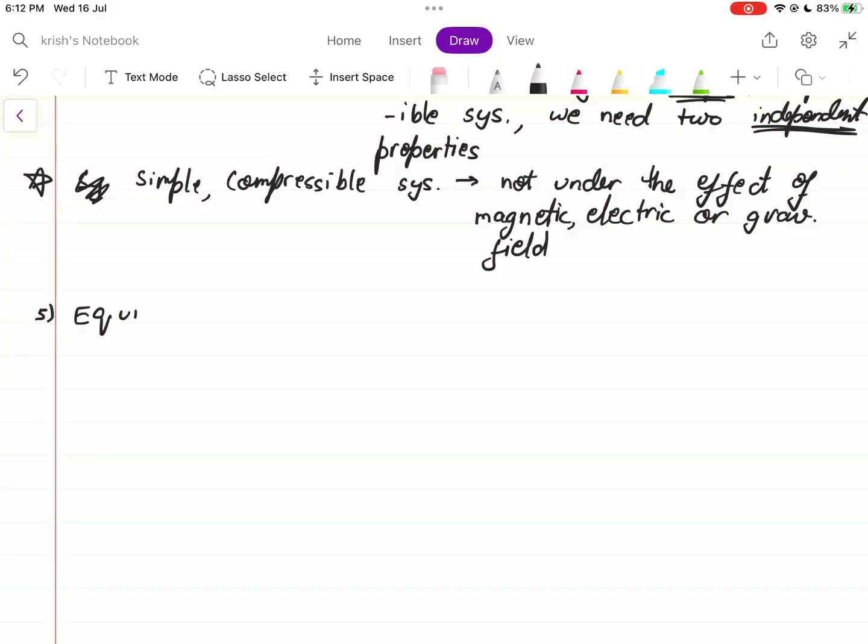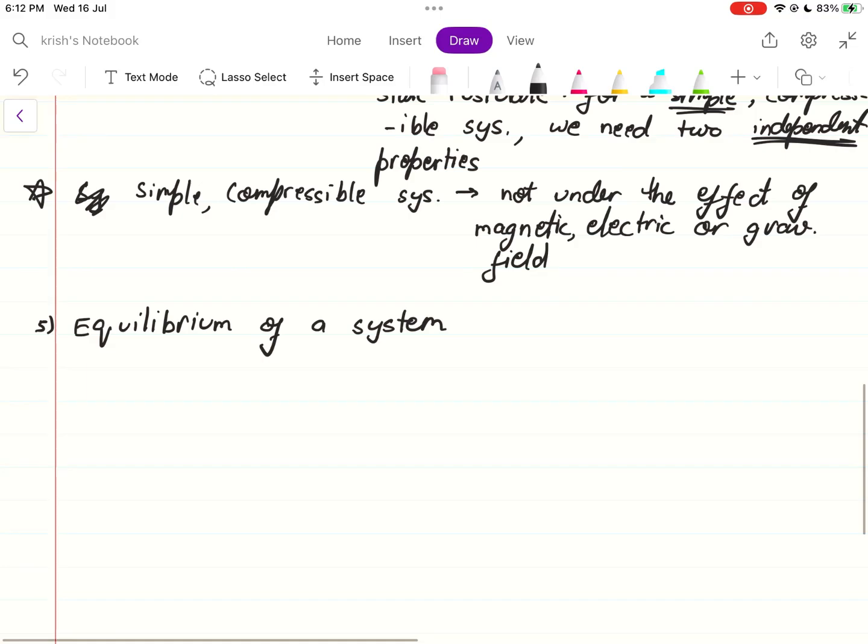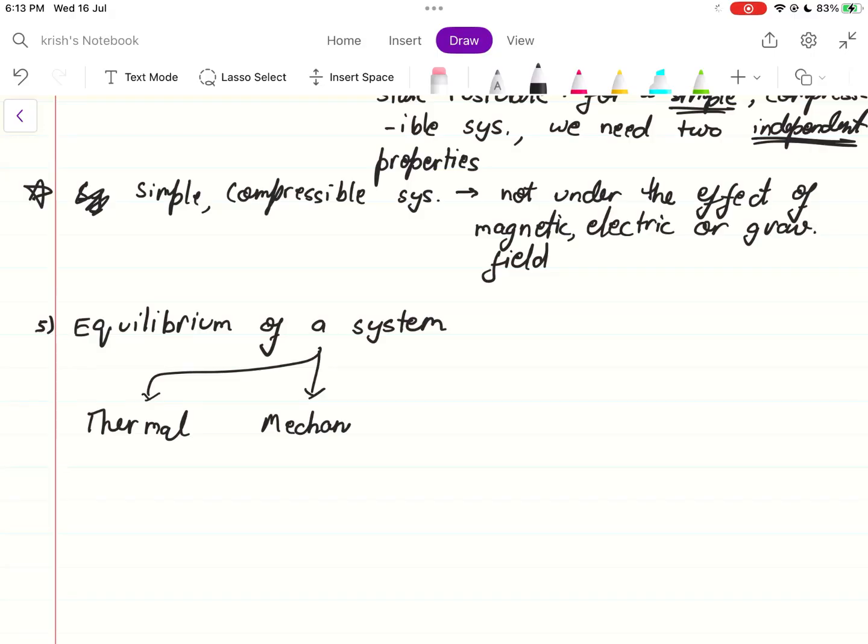Equilibrium of a system. It also has a lot of types. So a system can be in thermal equilibrium with its surroundings. It can be in mechanical equilibrium, like when the piston is left free and it is not moving anywhere. That is an indicator of mechanical equilibrium. Thermal equilibrium is when there is no heat exchange occurring.